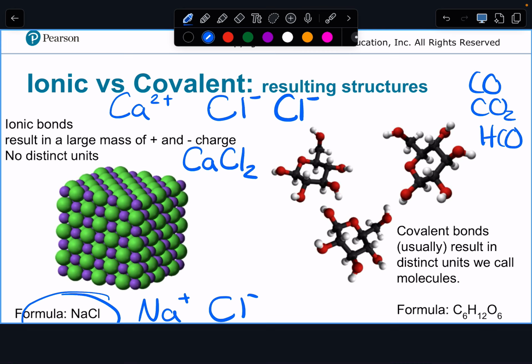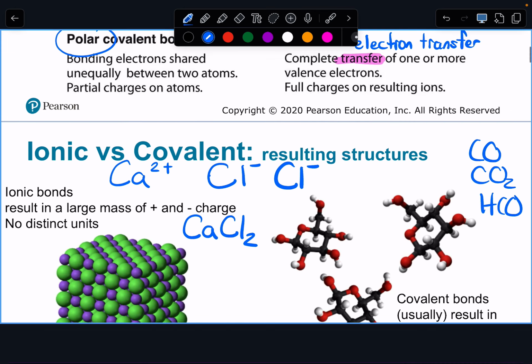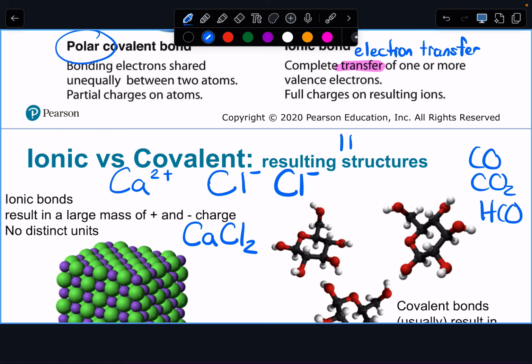In covalent compounds, we see these little units all the time. So think of a water molecule, right? It's got a hydrogen with an oxygen, so they're sharing electrons, and then there's another hydrogen also sharing electrons with that oxygen. And those little water molecules can be floating around by themselves, behaving independently. If they're in the gas phase, there'd be a little water molecule here, a little water molecule there, all over.